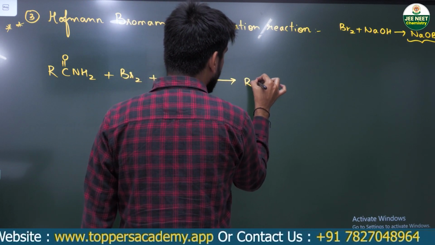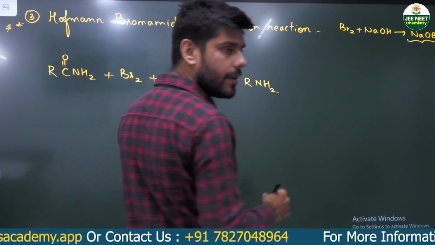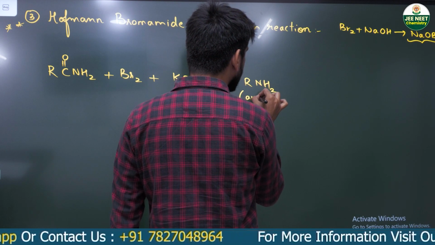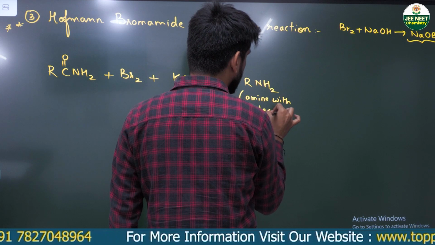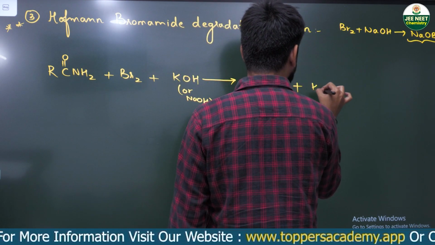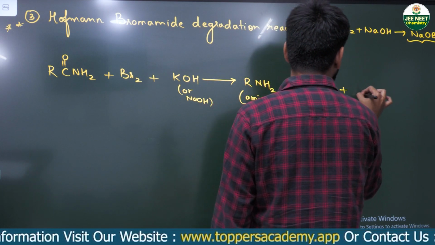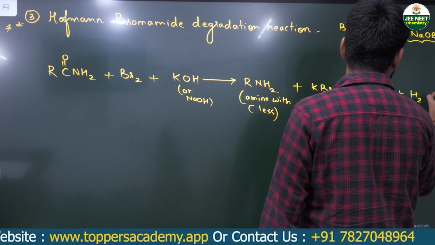RNH2, that is an amine with one carbon less than the parent amide, plus KBr, plus K2CO3, plus water. This is the complete reaction.